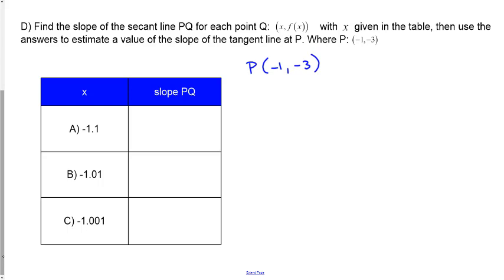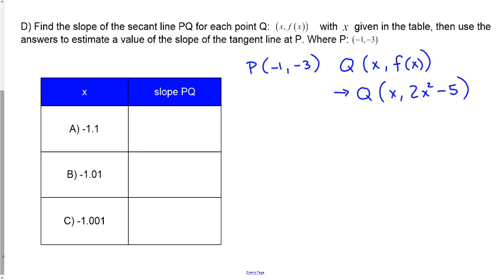So point Q has the coordinates, well, x is indeterminate. We're going to let x be different values, and then we'll calculate the y value using f of x. So we could also say that point Q has the coordinates x comma 2 times whatever x is squared minus 5.